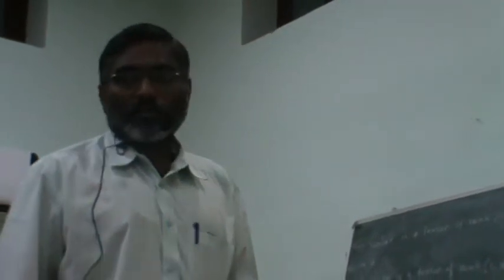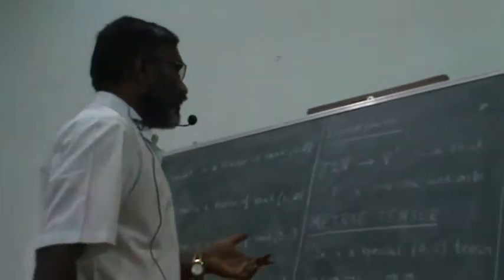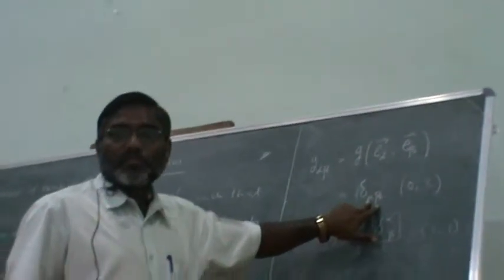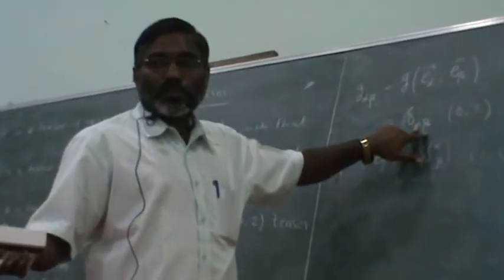You call these two objects Kronecker delta? Yes. See, Kronecker delta is a general term. Kronecker delta simply defines that when you have two indices, if the two indices are same, it is 1. If they are not same, it is 0.